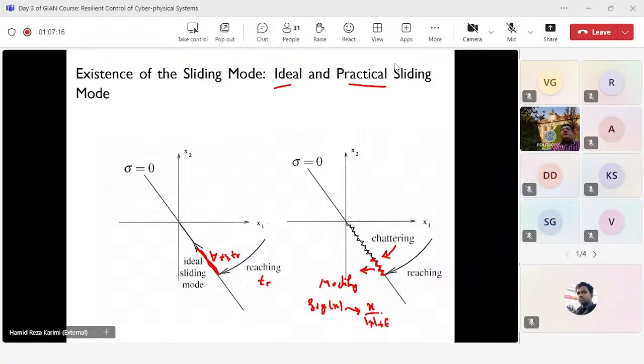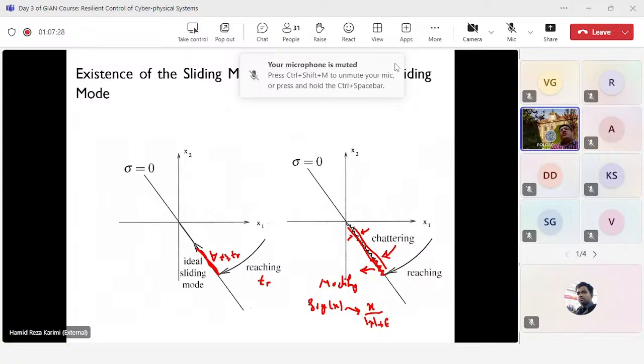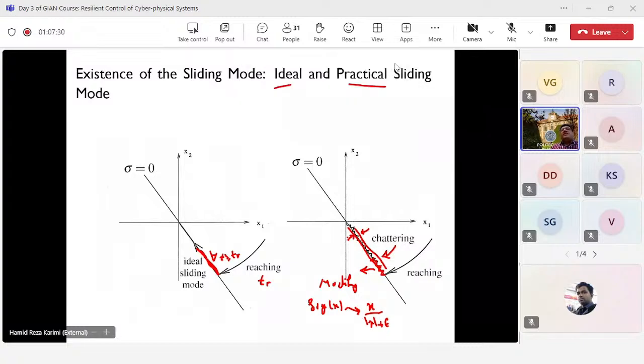Now you can see that you can control it, because this chattering also should be controlled in such a way that the range should not be too high, and that's it. This is the art of the control signal. It means that your control signal u(t) is a big challenge for the PSM, the practical sliding mode.